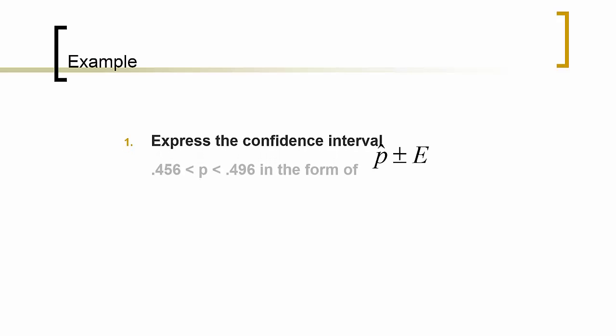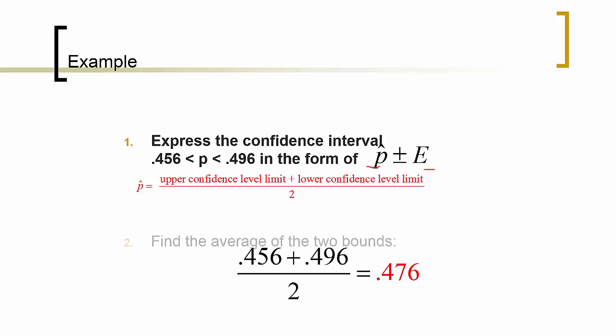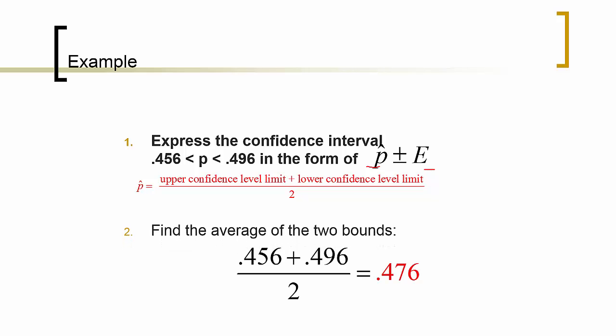So let's express the confidence interval 0.456 < p < 0.496 in the form of p hat plus or minus E. From this interval, we need to find p hat and the margin of error. P hat is the upper confidence limit plus the lower confidence limit, divided by 2. So (0.456 + 0.496) / 2 is 0.476.